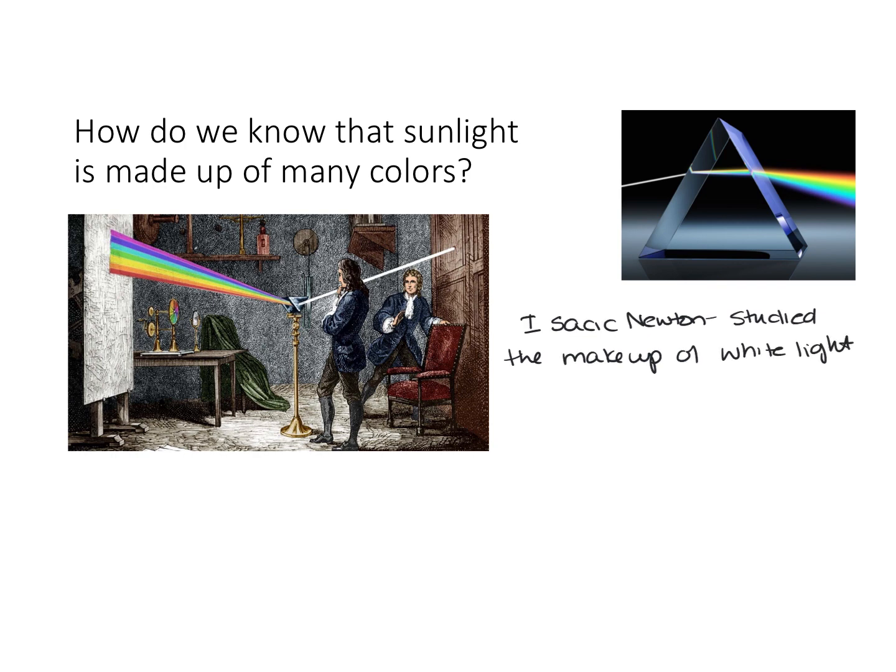And so what he did is he made a hole in a wood shutter for a beam of sunlight to pass through. This is an artist's rendition. So here's his shutter. He made a hole, white sunlight passes through, and then he set up a prism, and he saw that the prism broke the white light into a rainbow. His conclusion was that white light isn't white after all.